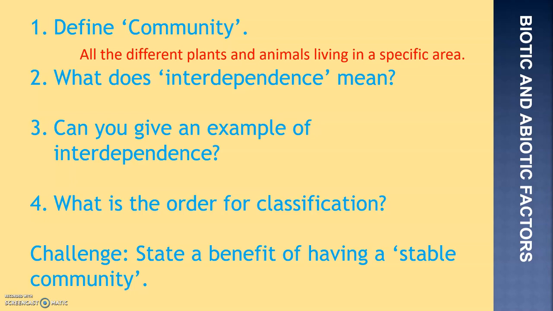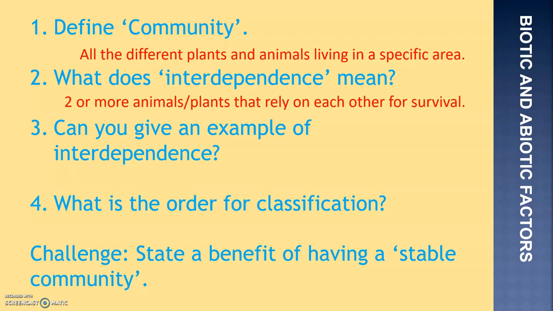Before we continue, make sure you're using your green pen to mark your work and make those corrections. So what does interdependence mean? This is when 2 or more animals or plants rely on each other for survival. Does that make sense?